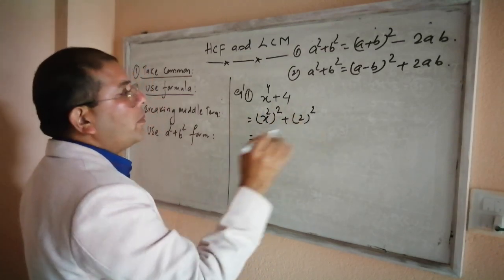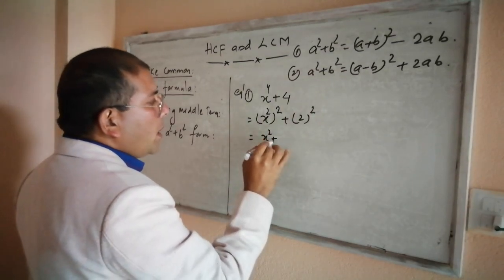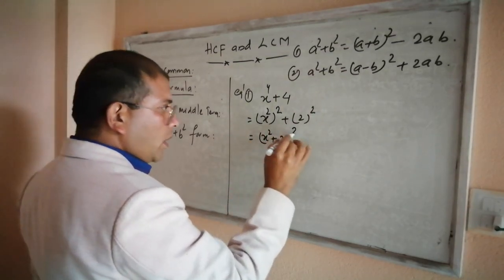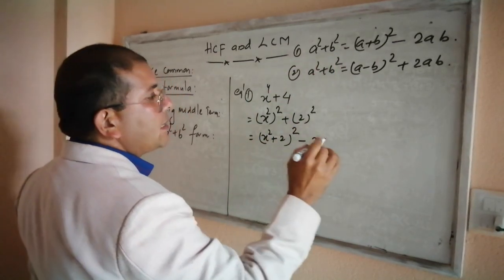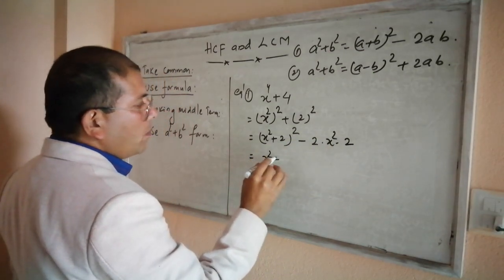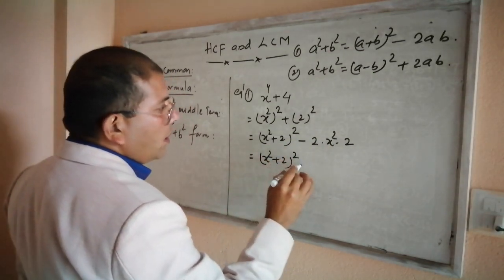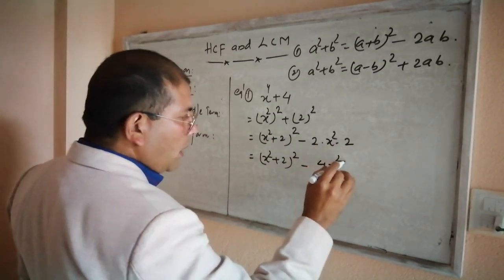Now our form is a plus b whole square minus 2ab. A is x square, b is 2. It is x square plus 2 whole square minus 2 into 2, which is 4x square.